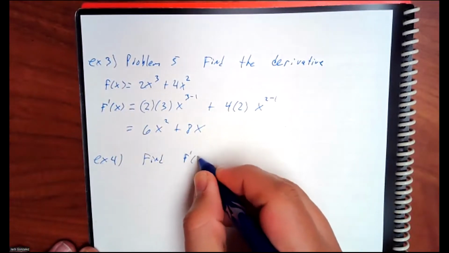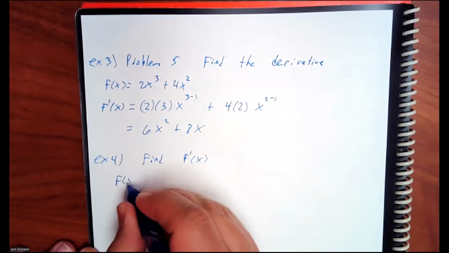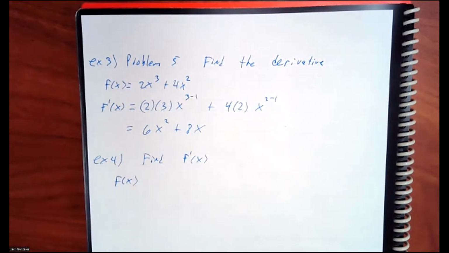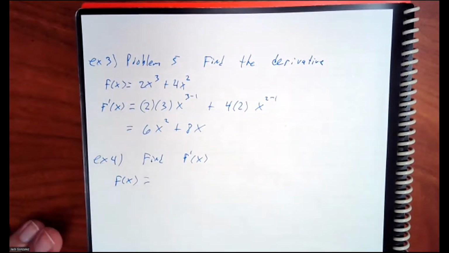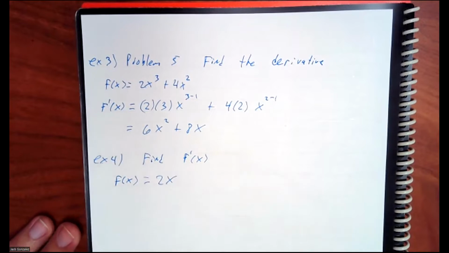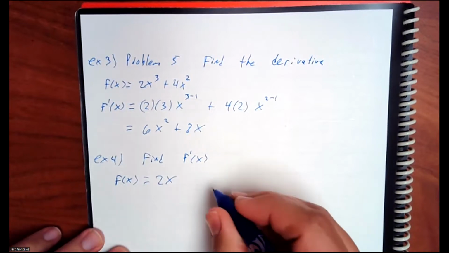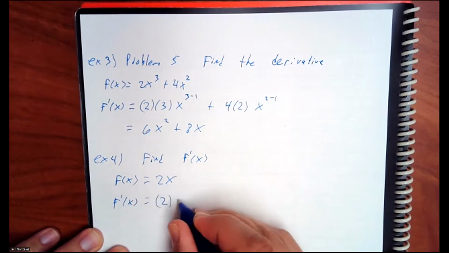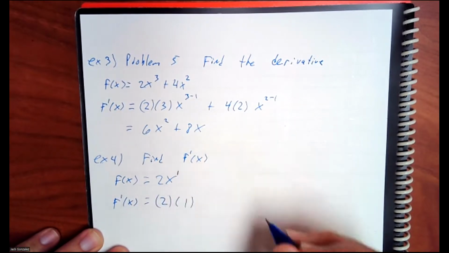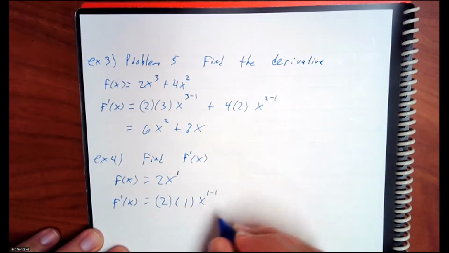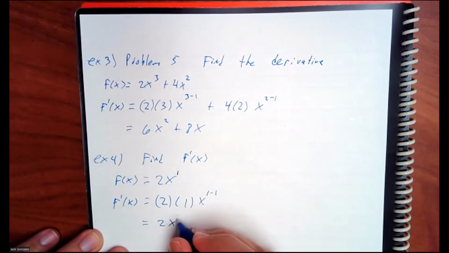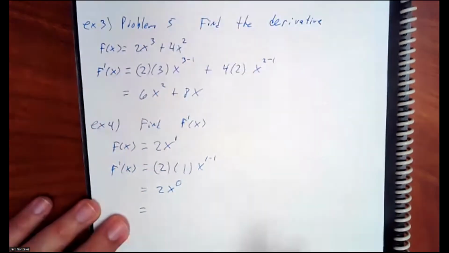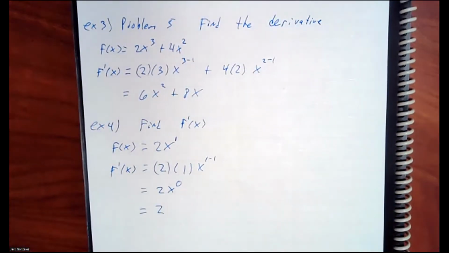Find f prime. Let's say f is 2x, something like that. f prime will be 2, bring down the 1 because there's a 1 there. Subtract 1. So now we have 2 times x to the 0. Anything to the 0 is 1. No more x.